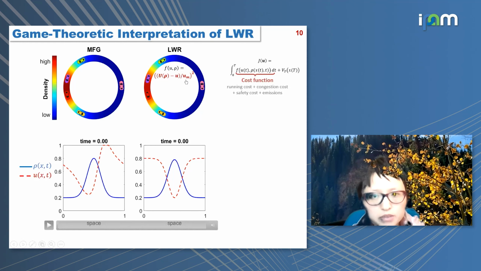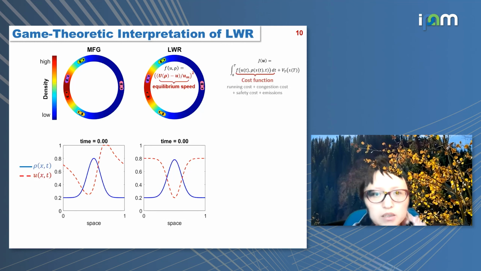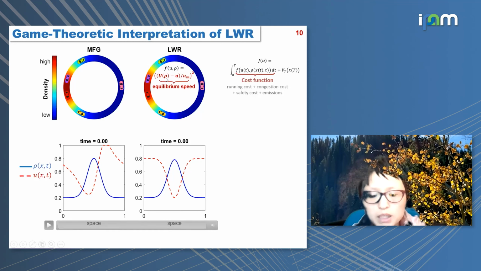So what's the meaning of this cost function? U is the speed, and the big U is the fundamental diagram, a function of rho, the traffic density. U_m is the max speed. So we found that in LWR, people's goal is to optimize their speed to be as close to the equilibrium speed as possible.